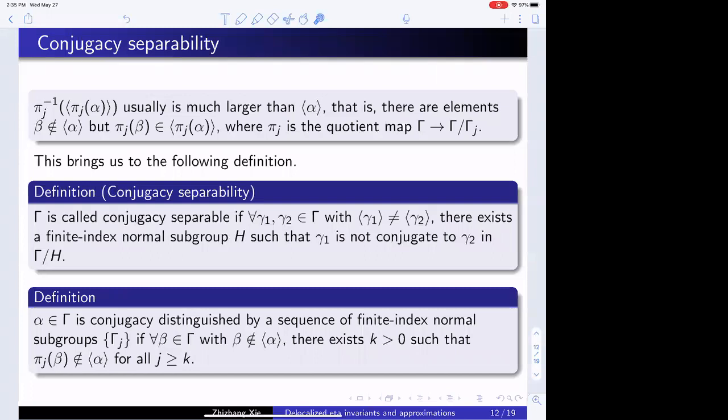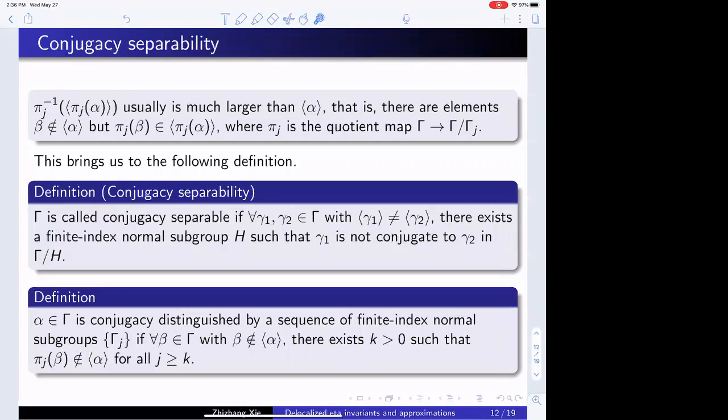A group is called conjugacy separable if for any two elements gamma_1 and gamma_2 in gamma that are not conjugate in gamma, there exists some finite index normal subgroup of gamma such that gamma_1 is also not conjugate to gamma_2 in the quotient. So for any two elements, in some finite quotient, being non-conjugate is preserved, upstairs or downstairs.